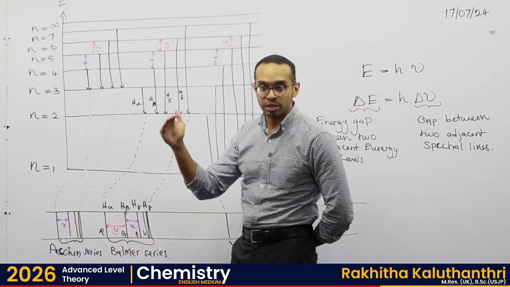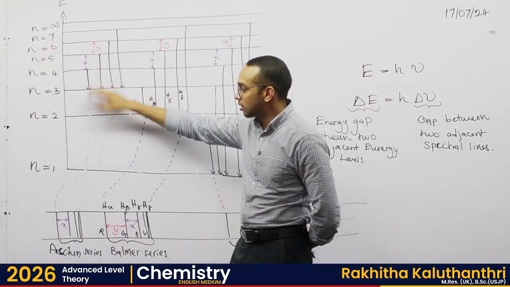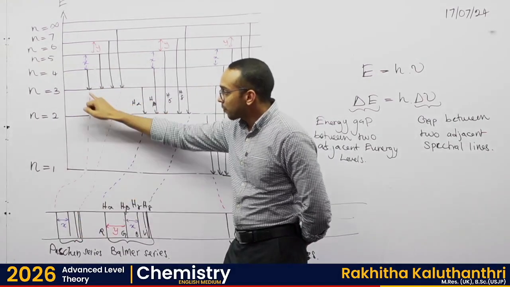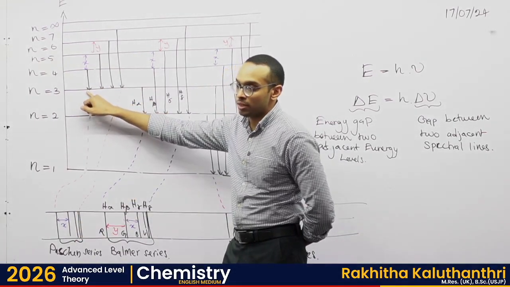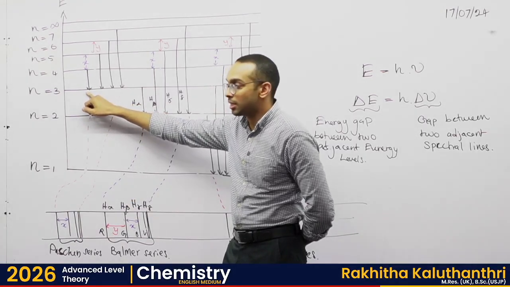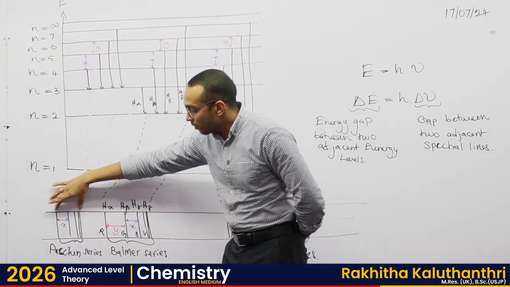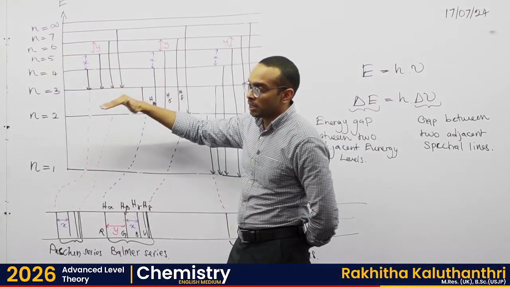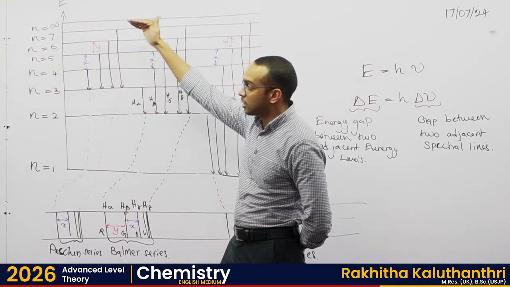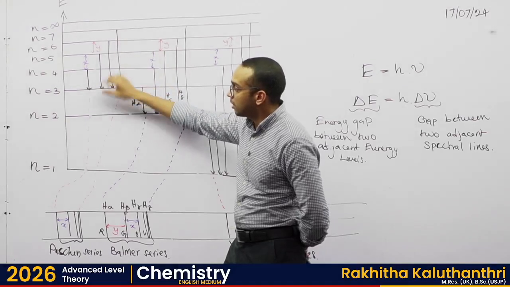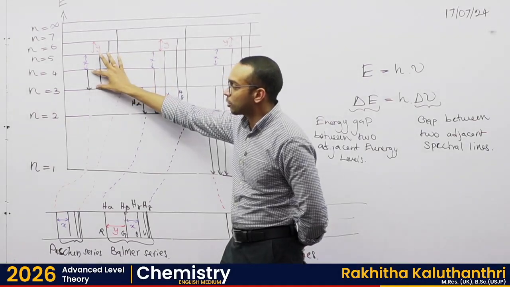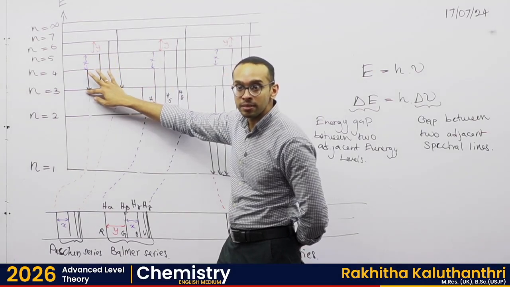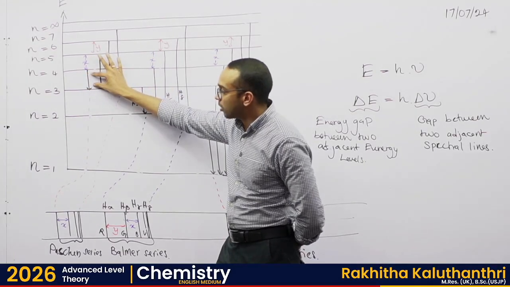There can't be any smaller energy value than that for that particular series. The simplest electron transition that can take place is from the fourth to the third, so this has the smallest amount of energy.